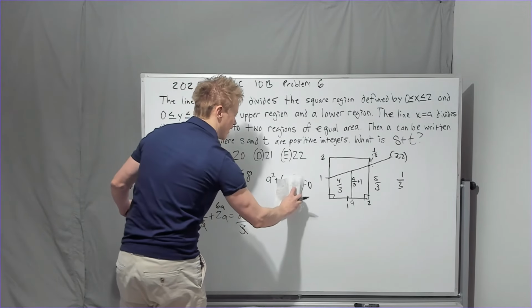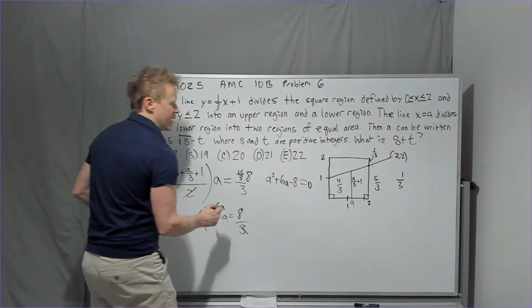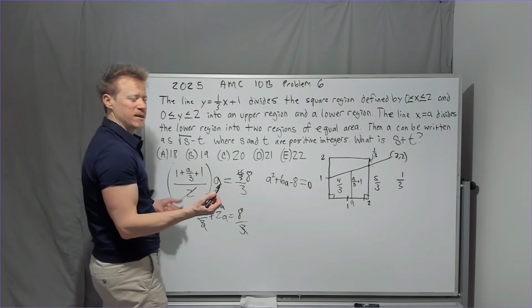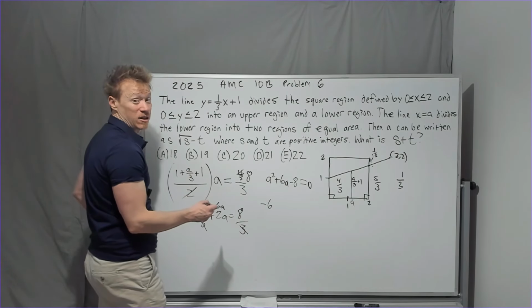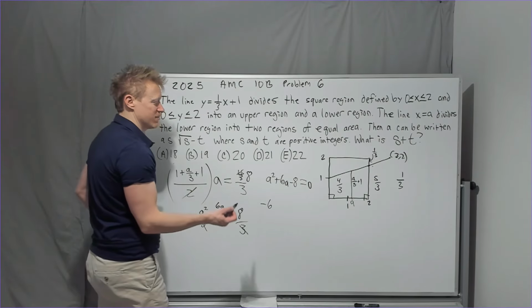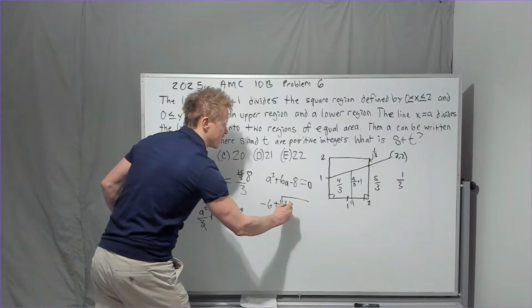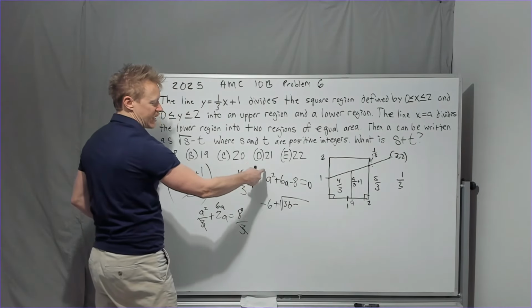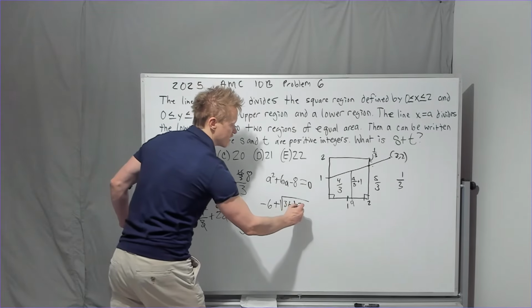Let's erase that toxic looking 8 because I don't like how it looks. Now what do we do? We're going to do the quadratic formula. Negative b is negative 6. Is it plus or minus? No, it's only plus. If it was minus, you'd get a negative. So we get plus the square root of 36 minus 4ac. The 1 here we don't care about. That's negative 8. 4 times 8 is 32.